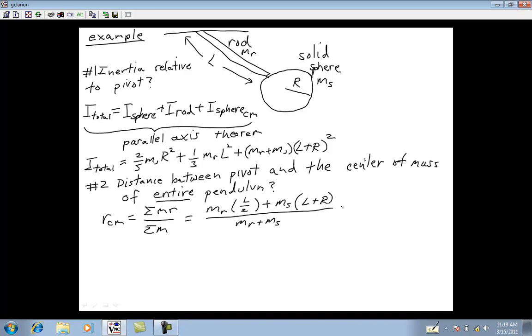Remember, this is all relative to the pivot. Make sure you make a note of this. Then number 3, when we calculate the period, remember we use the physical pendulum period equation, with I over m g d.